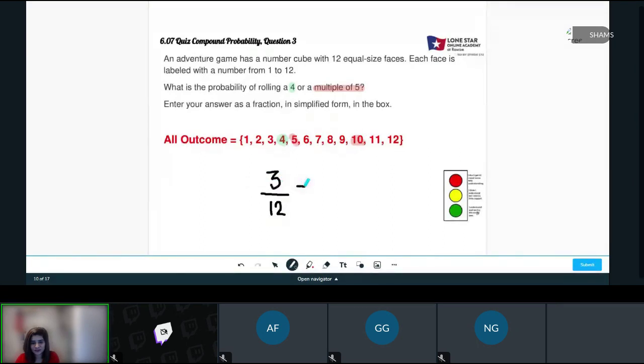Remember to reduce your fraction to lowest terms. We'll simplify by 3. It's going to be 1/4. So the chance of rolling a 4 or a multiple of 5 is 1/4.